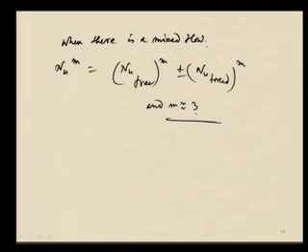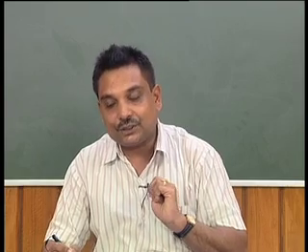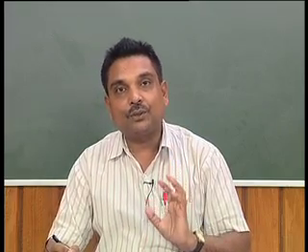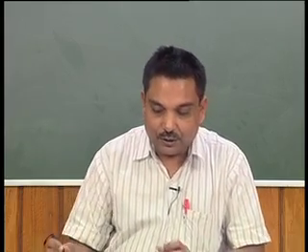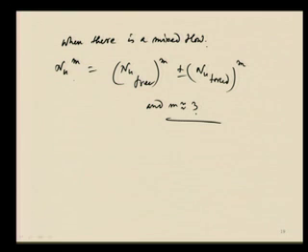So, we try to find out the Nusselt number for the free convection situation, then for the forced convection situation, and then for the mixed situation, with m equal to 3. Plus and minus are for aiding flow and opposing flow situations respectively.